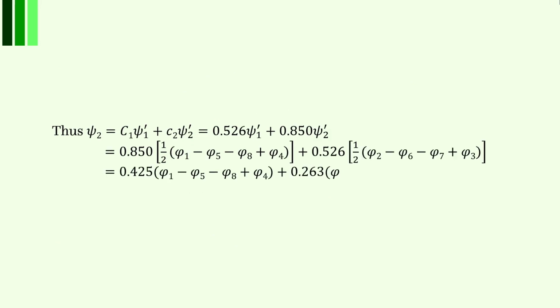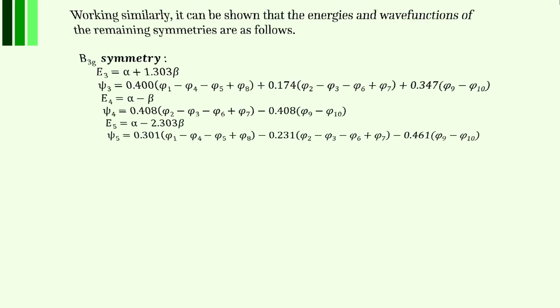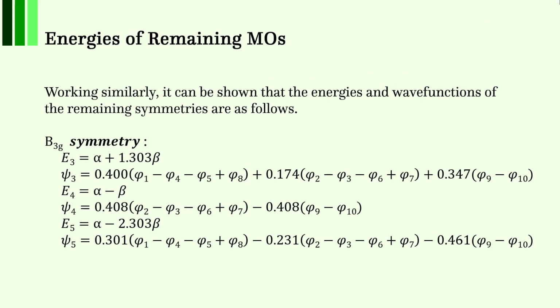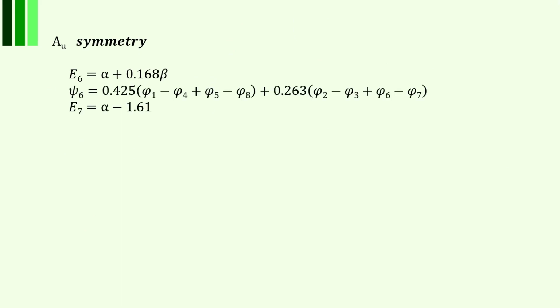As far as the remaining systems are concerned, the energies E3, E4, E5 have been displayed: alpha plus 1.303 beta, alpha minus beta for E4, alpha minus 2.303 beta for E5, and the respective equations with their coefficients. Similarly, E6 comes out to be alpha plus 0.168 beta, and E7 is alpha minus 1.618 beta.